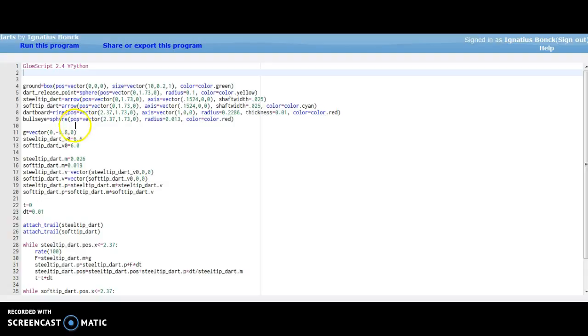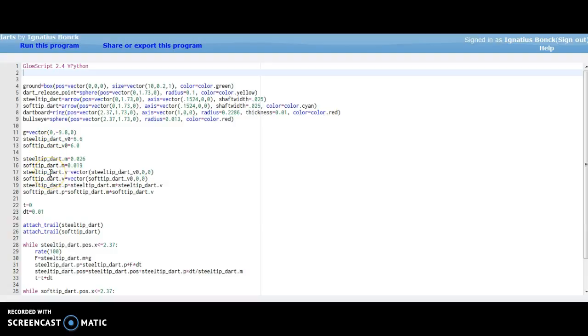Next, I defined the gravity vector and put in how fast the initial speed is that I throw the dart. I took some experimental data and found that I throw the dart at 6.6 meters per second for the steel tip dart and 6 meters per second for the soft tip dart. We also took the masses of each dart.